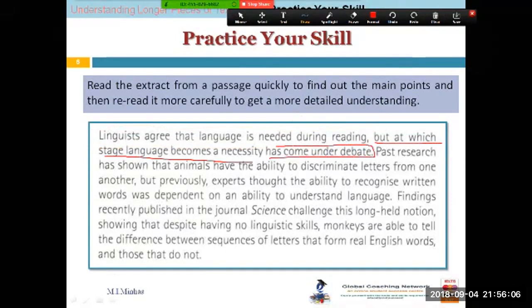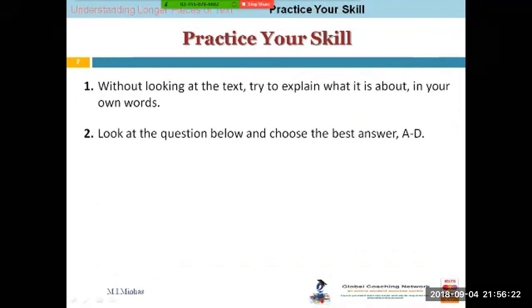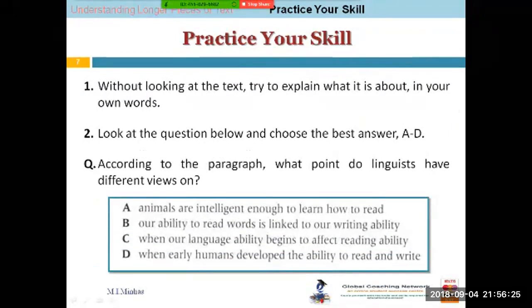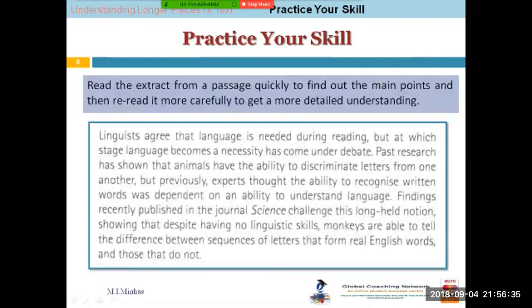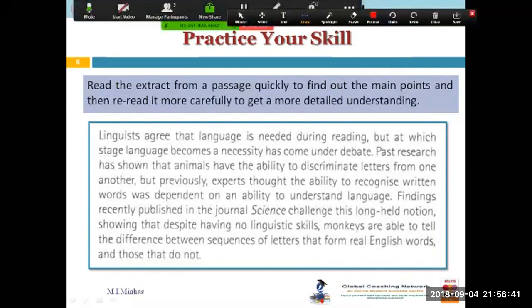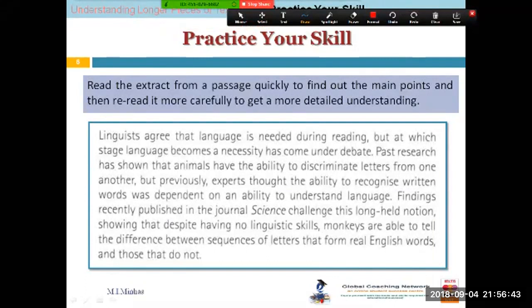That means this is a point on which there is some difference of opinion. Now if you see option C, it says when our language ability begins to affect reading ability. That means when it becomes necessary to know the language. For this, you need to understand the whole passage. This single line will not be enough to give you the whole meaning.